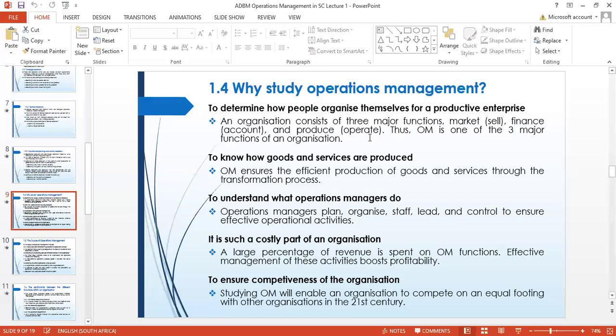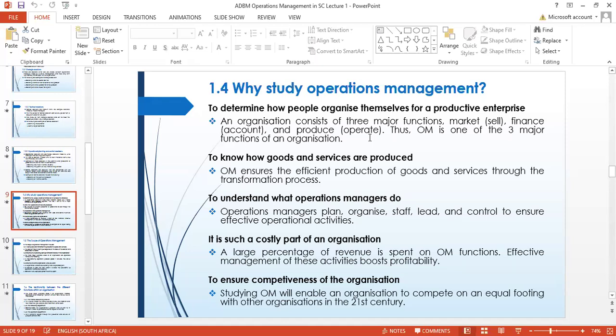So we have to study it because it is one of the major functions of an organization. So it will help to determine how people organize themselves within the operations management department to come up with something that is productive for the enterprise.